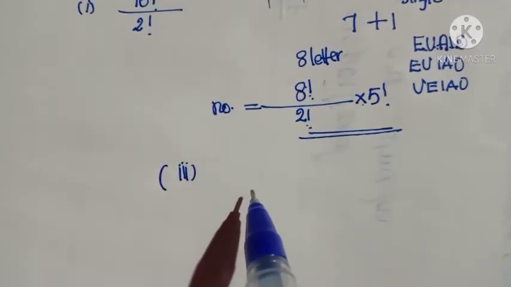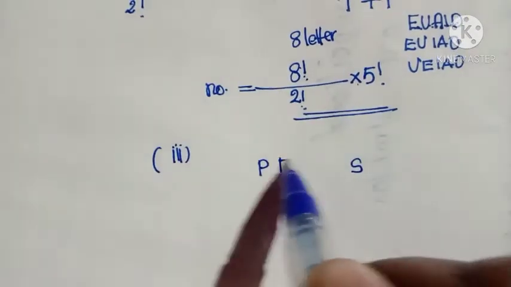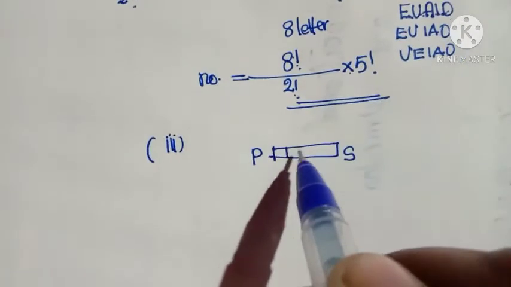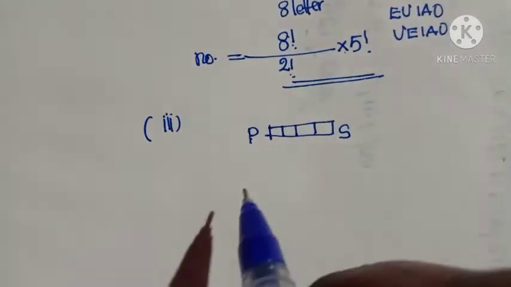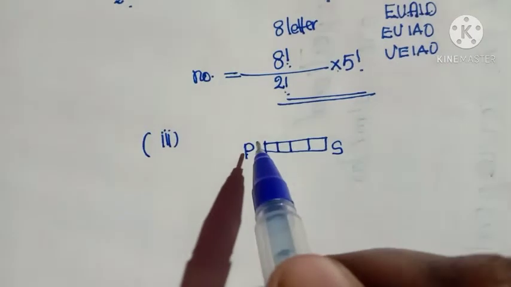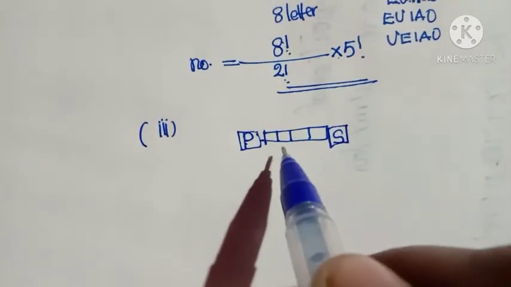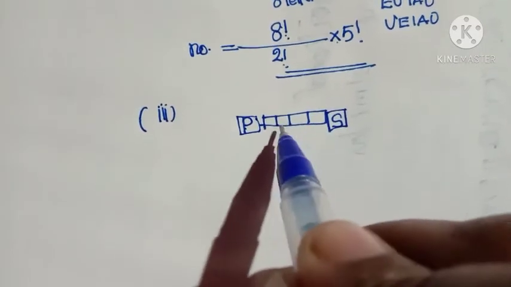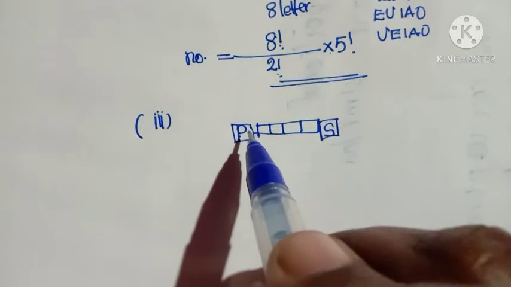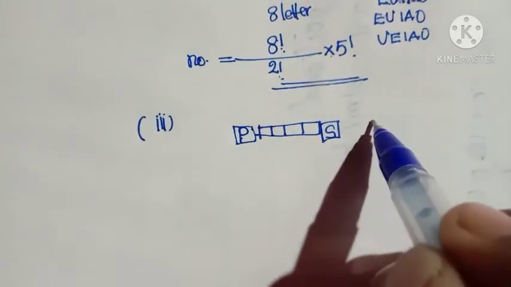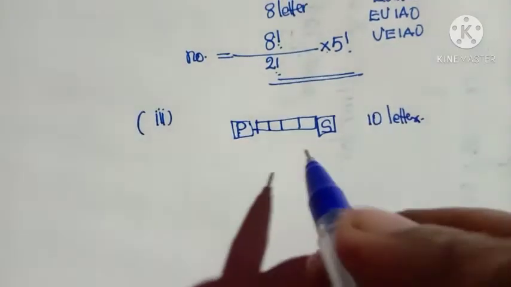Now third one, there are always 4 letters between P and S. We fix P and S, and we need only 4 letters in between them. Other than P and S, there are 10 letters.